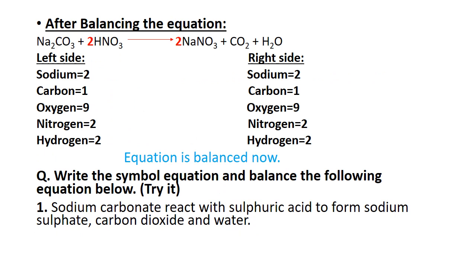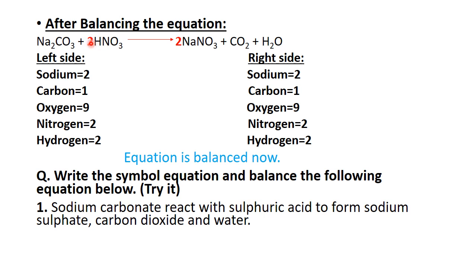So now we have to balance the sodium and hydrogen on both sides. On the left hand side we have to balance the hydrogen by writing 2 before the nitric acid. So in this way the hydrogen will be balanced on both sides, left hand side and right hand side. Okay.